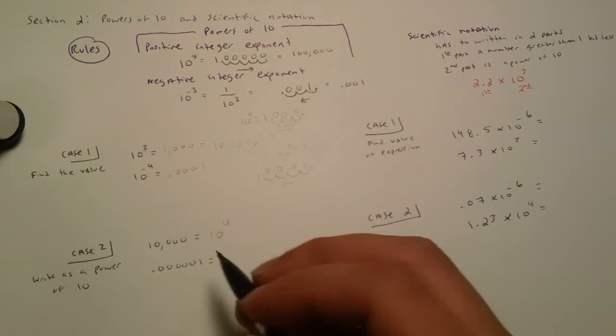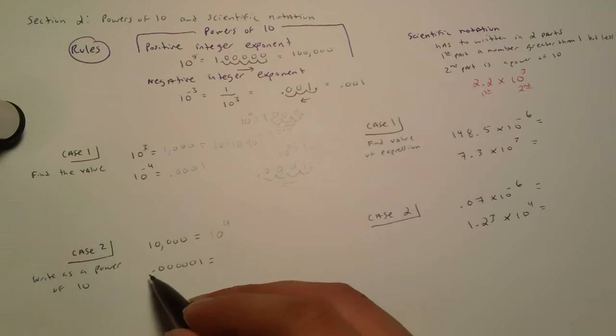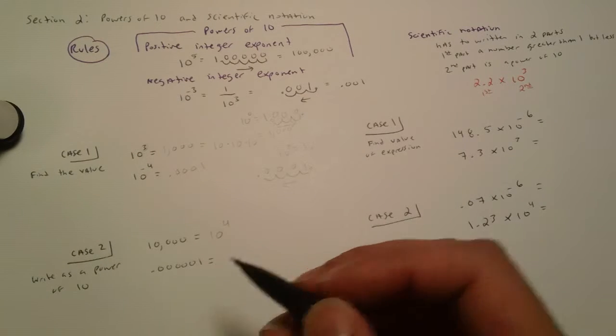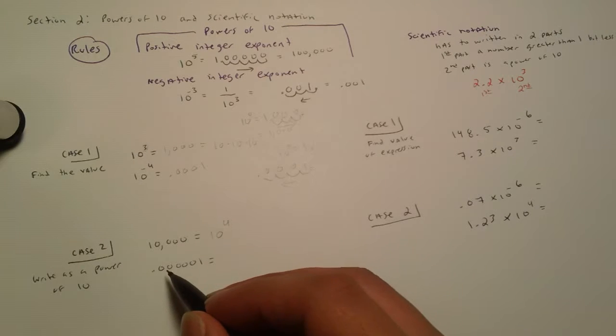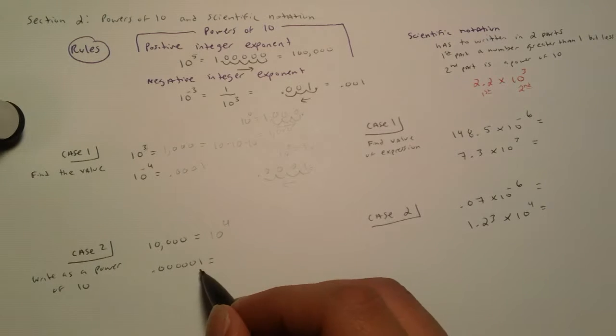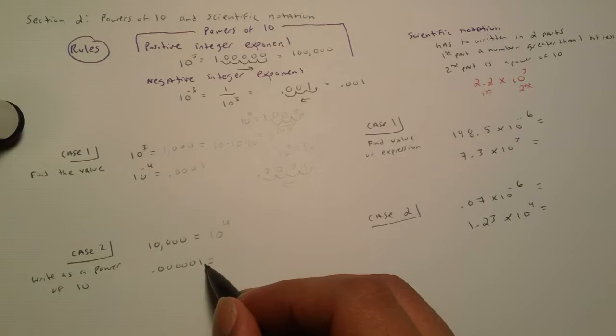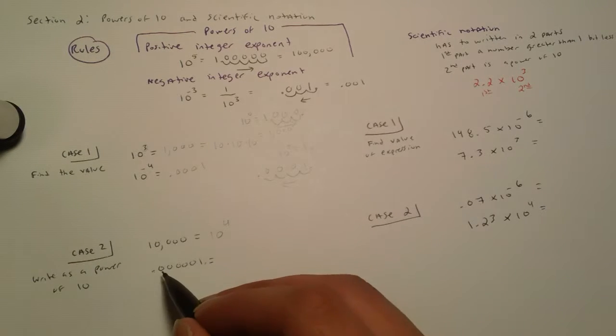So our second problem for case 2 is that we have to figure out how many spaces to the left the decimal moved. In order to figure that out, we have to move this decimal spot back over to where it originally was.